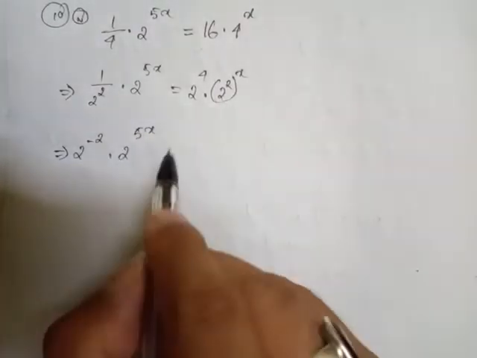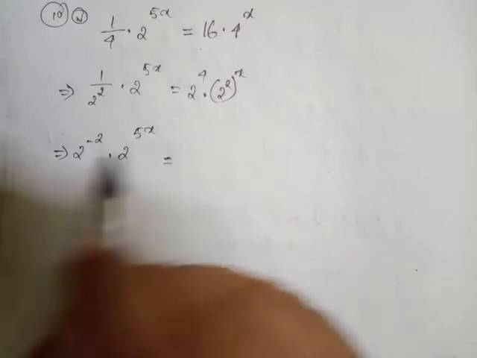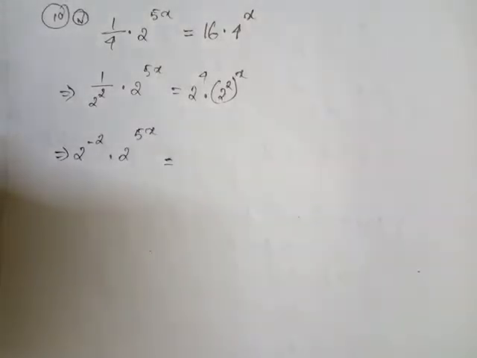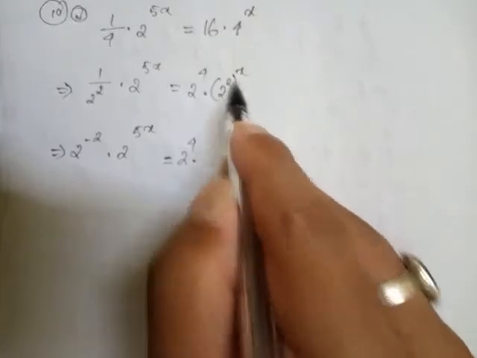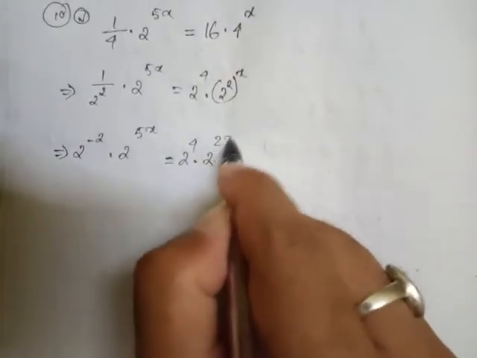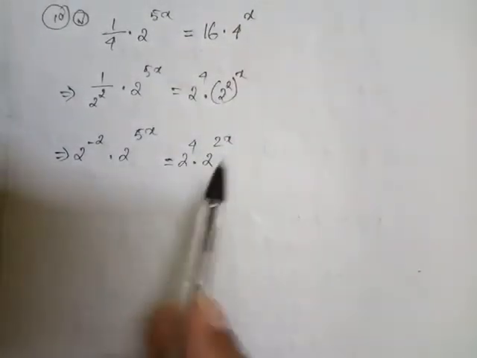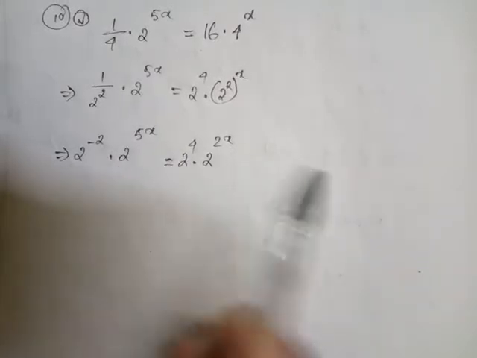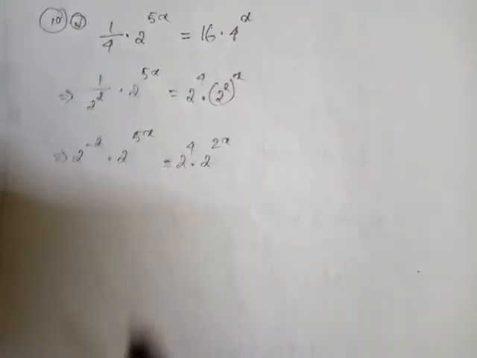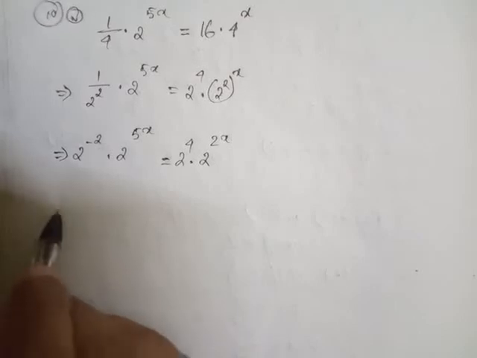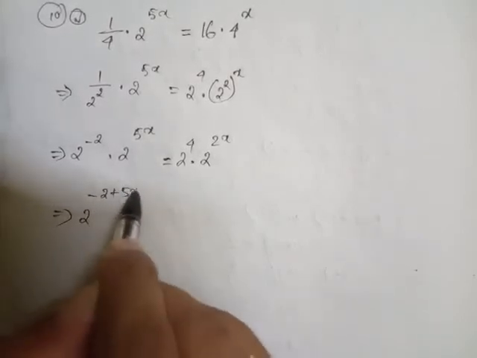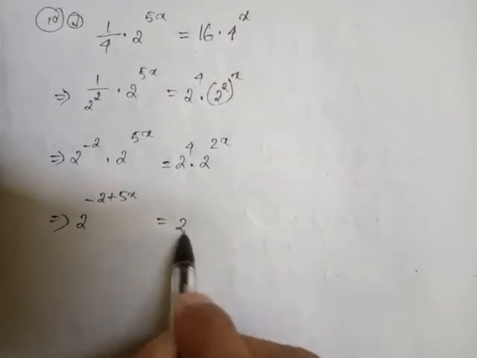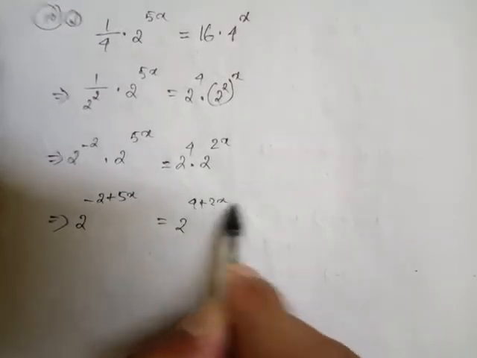I am just trying to convert all the bases to one base, like 2. So 2 to the power 4 will be here, and there is 2 into x, which means 2 to the power twice x. Now look, all bases are the same, meaning one base, 2 here. Now base same, powers should be added. So here minus 2 plus 5x equal to 4 plus twice x.